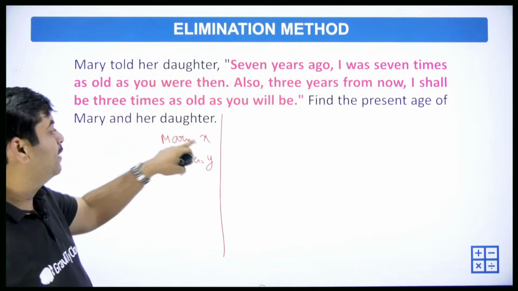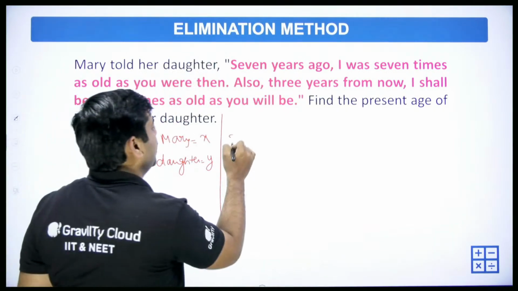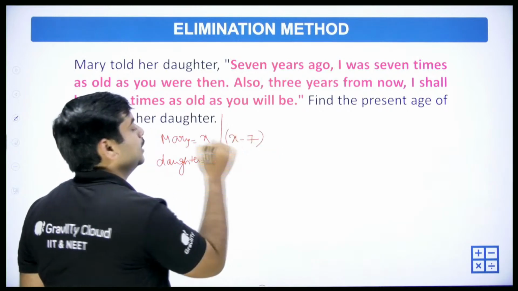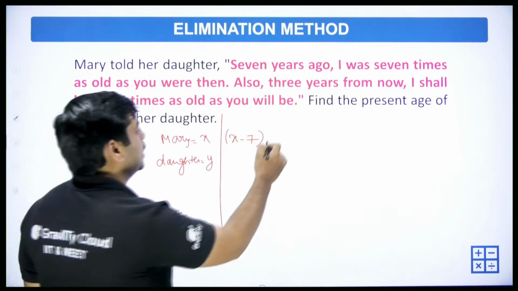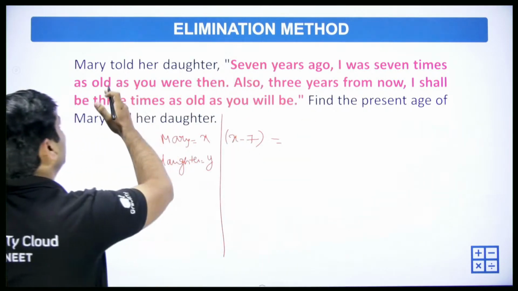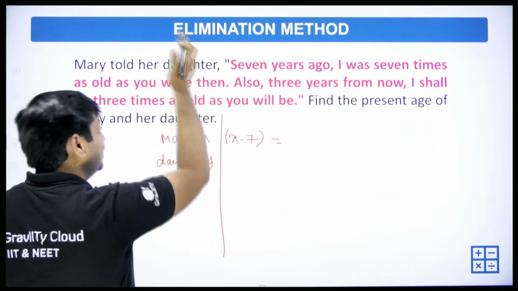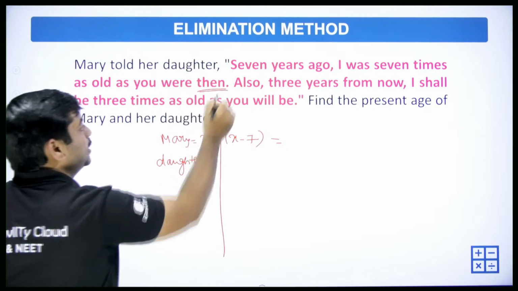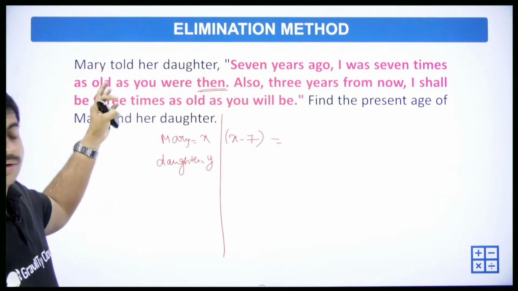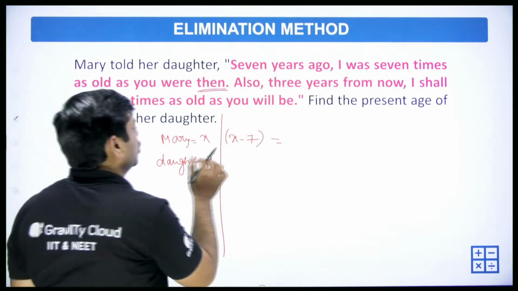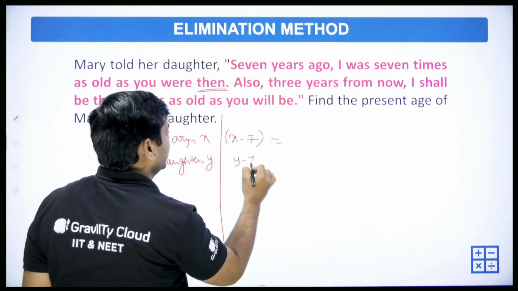7 years ago, Mary's age is x minus 7. And this Mary is 7 times as old as her daughter was then. That means 7 years ago, the daughter's age is y minus 7.